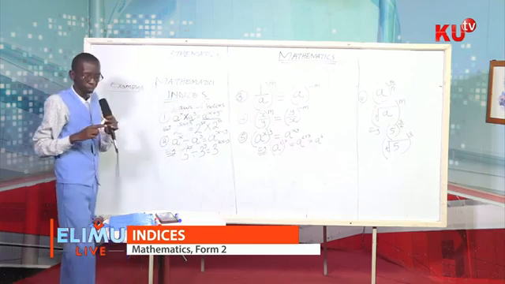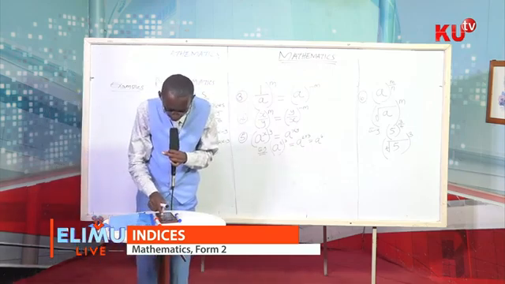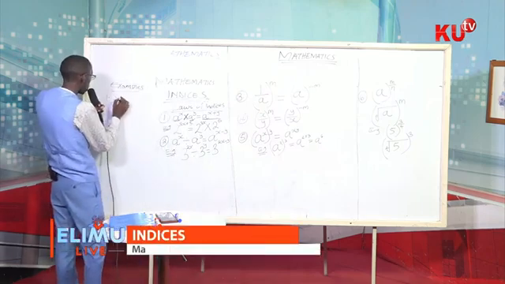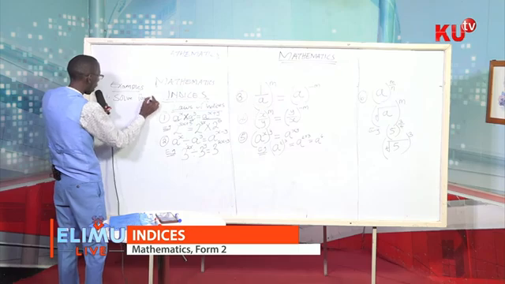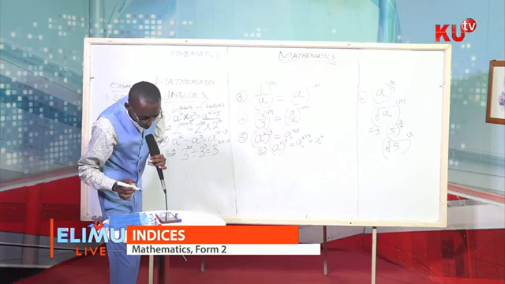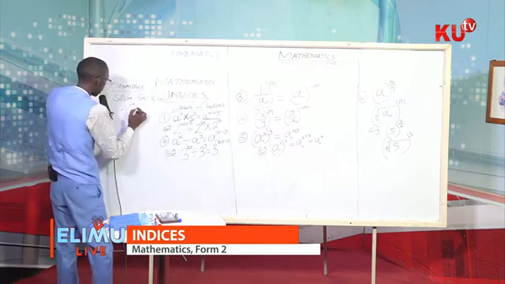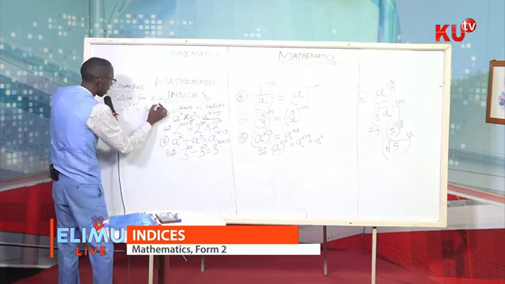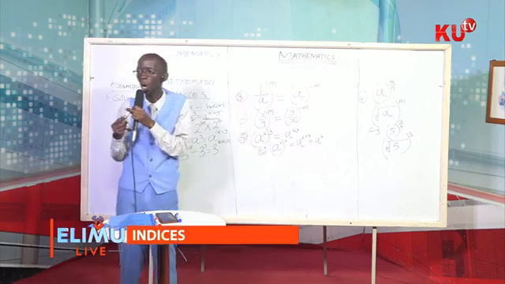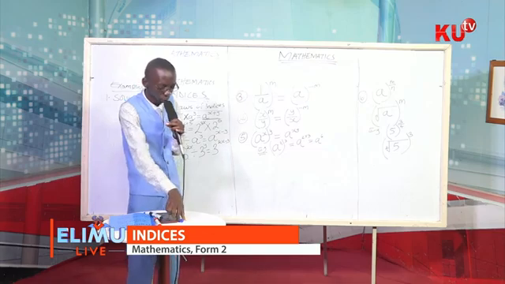Example number 1. Solve for x in 4 to power x plus 1 is equal to 32.